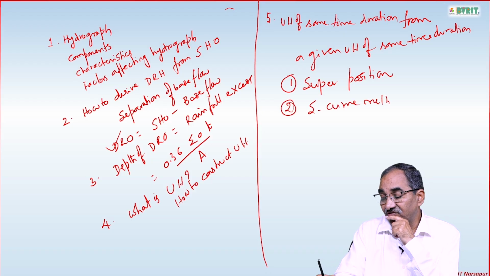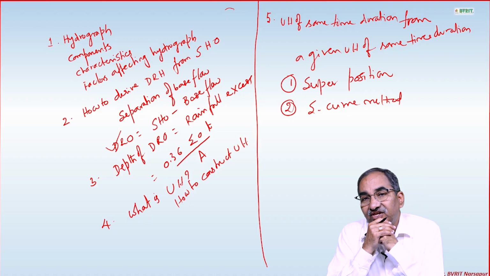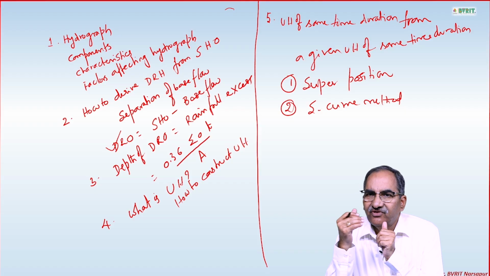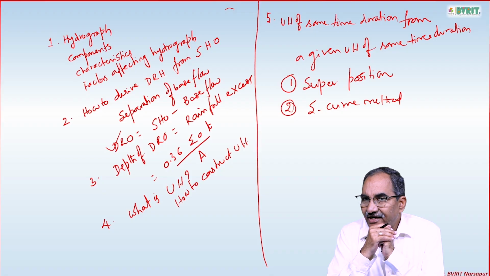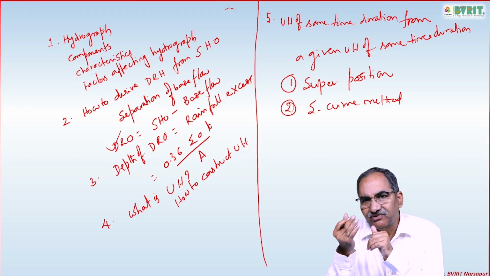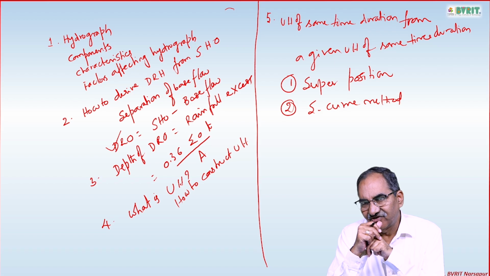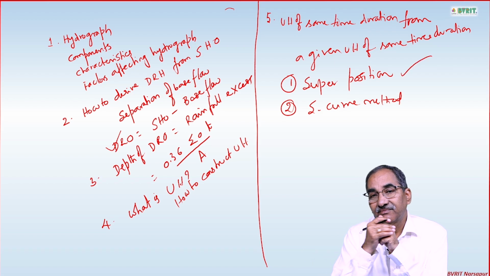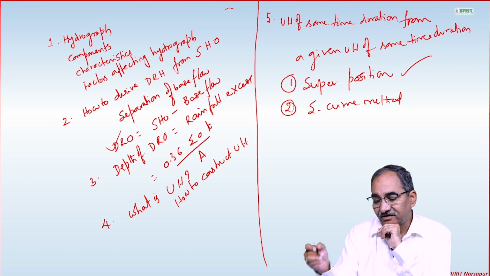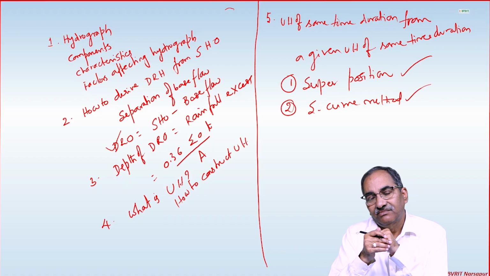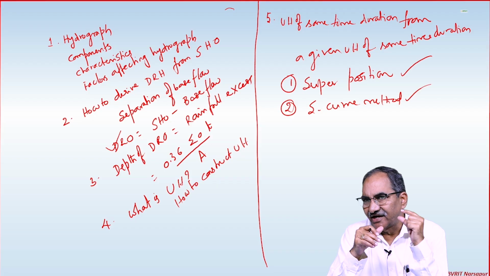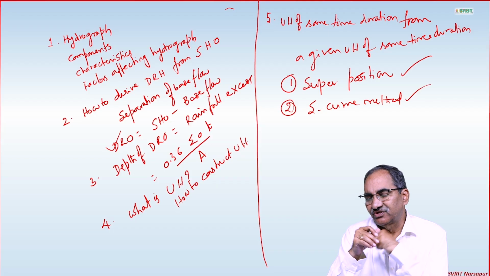We have dealt with both, and when each one is used. Superposition is used only if the given UH is of shorter duration and the required UH is of longer duration, and that too the required UH duration is a multiple of the given unit hydrograph duration. Otherwise, in all other circumstances, we use the S-curve method. But what is the critical point in the S-curve method? The first thing you should remember is the time interval, which is very crucial.